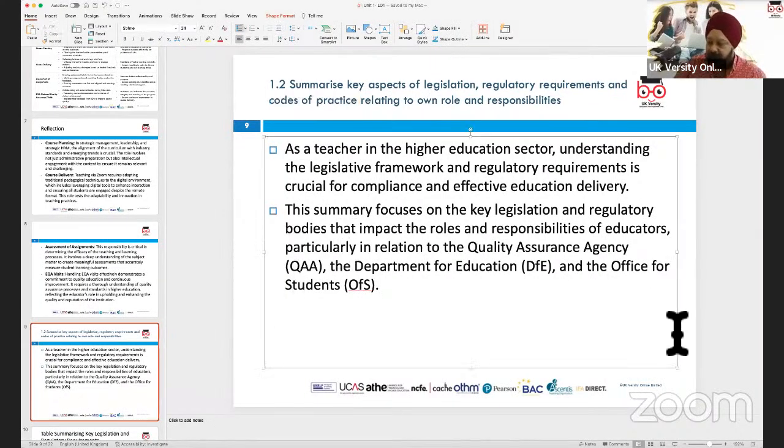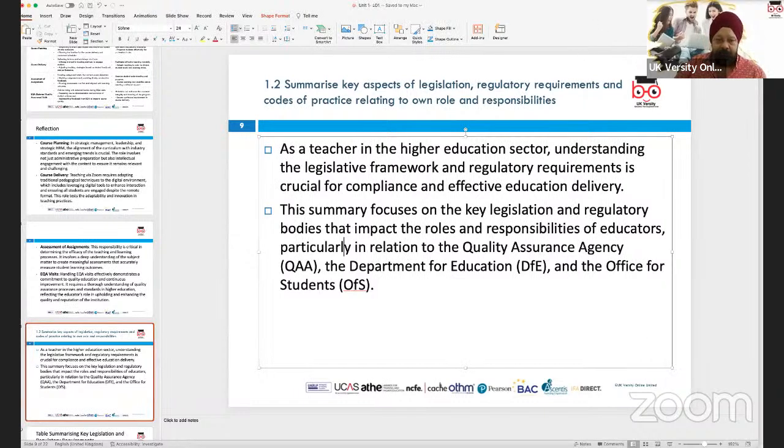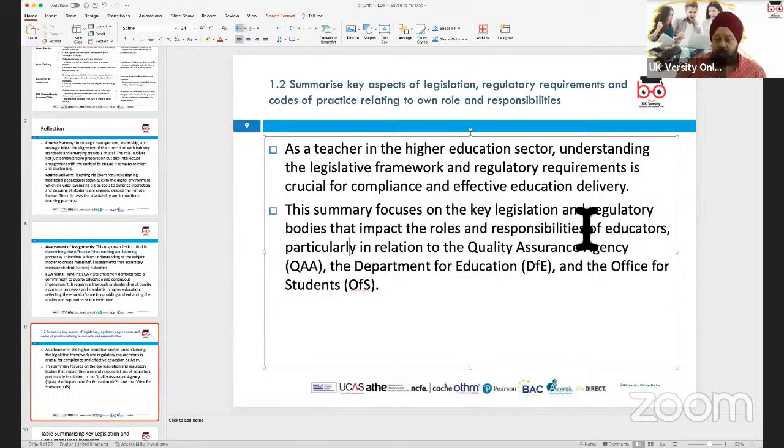Now, in the task and in the presentation slide, what I've done is I have referred to certain regulatory bodies, which basically help set the standards in this sector. So some of them are Quality Assurance Agency, Department for Education, and the Office for Students.